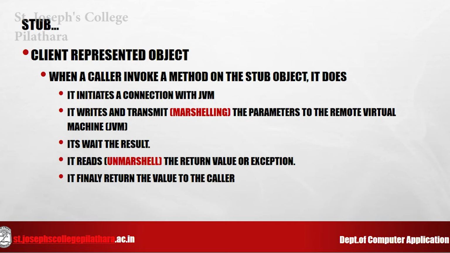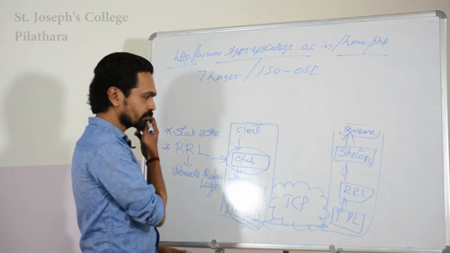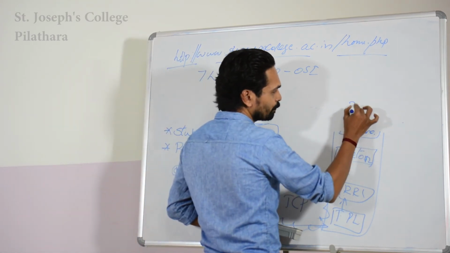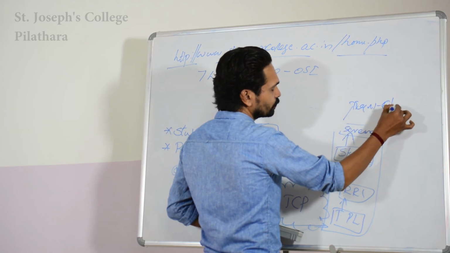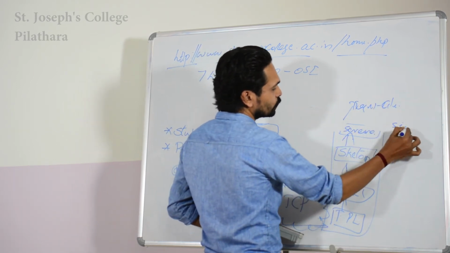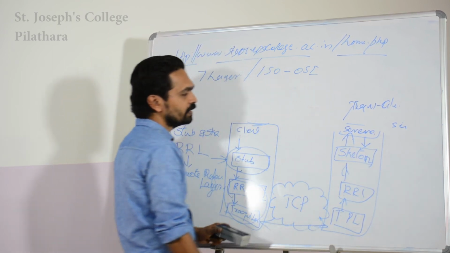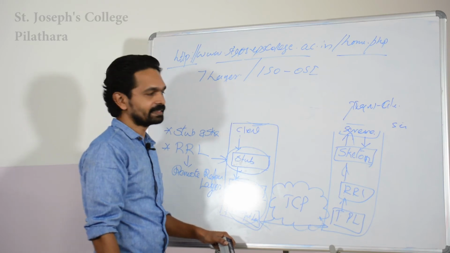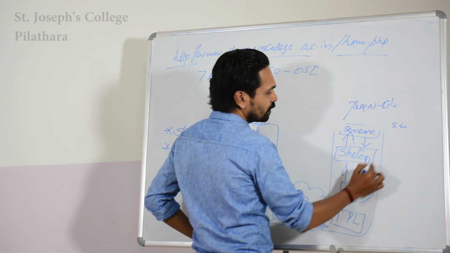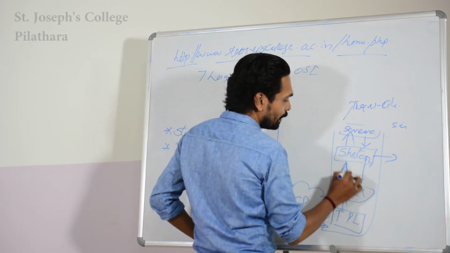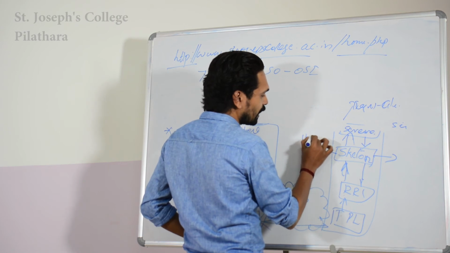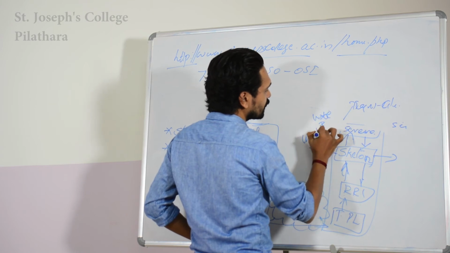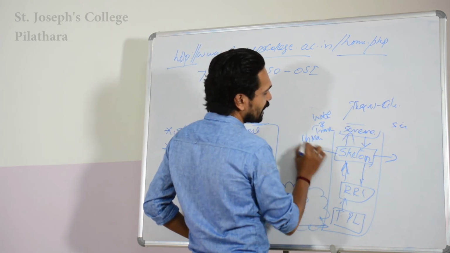So already discussed. Then the skeleton. What is the skeleton? The server reads the final request from the client machine, searches that request, and the appropriate response will be transferred to the skeleton. The skeleton here also provides the same, first unmarshalling, that means read and transmit, that is unmarshalling.